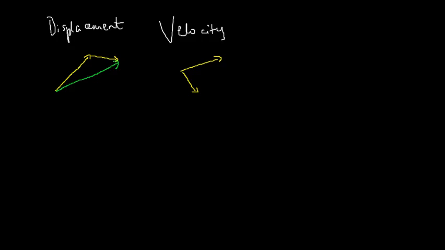Now we could imagine that the combined effect can be obtained by completing a parallelogram with the two vectors as the sides. So this becomes a parallelogram. The opposite sides are parallel, and these opposite sides are parallel.